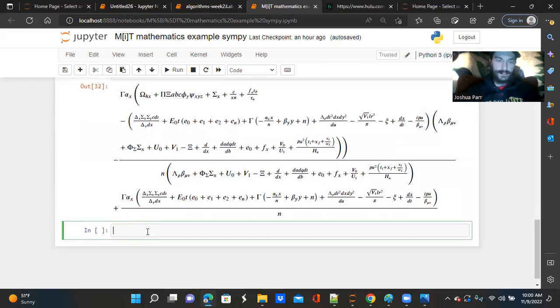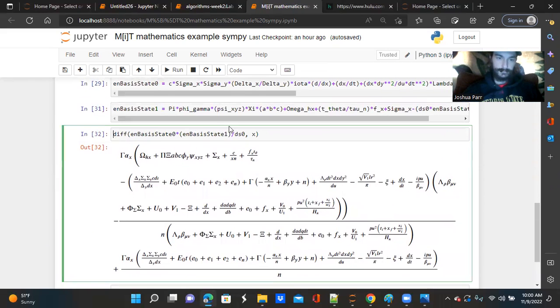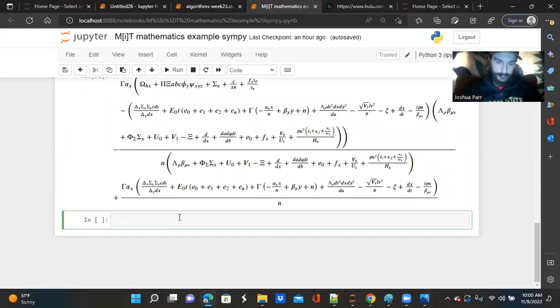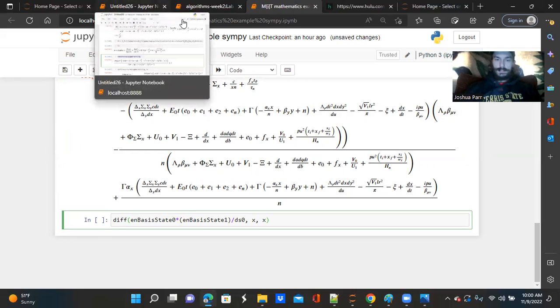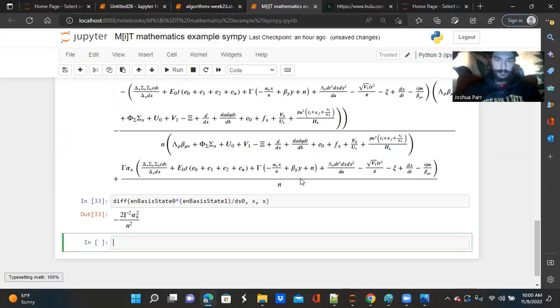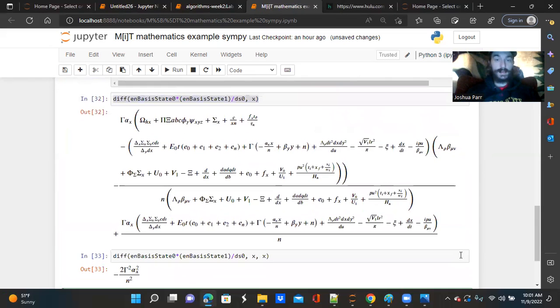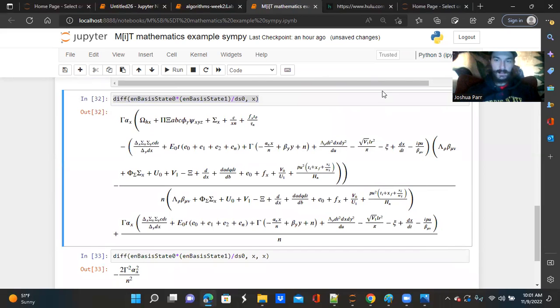Now I'm going to do it with respect to time. I should do it twice, actually. Before I do time, I'm going to do that. There we go. So the second differential with respect to x, however, is way nicer looking.